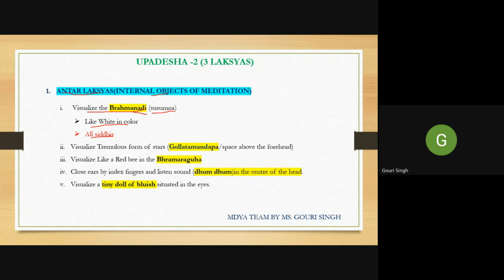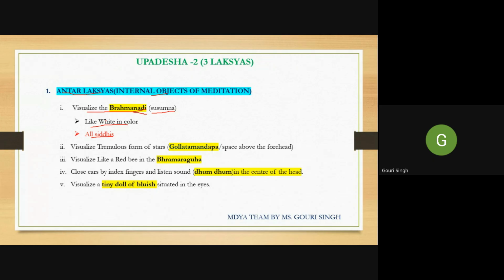When you visualize in this way and do the meditation, what is the result you get here? All types of siddhis will be obtained. And in which adhara, in which chakra you are doing the meditation, will all siddhis be obtained?